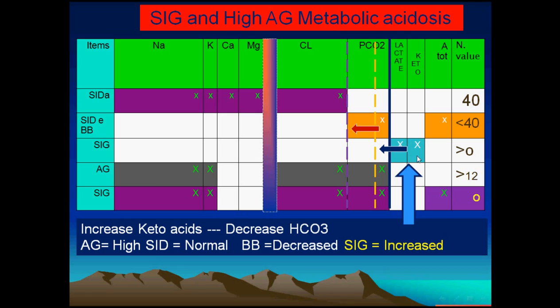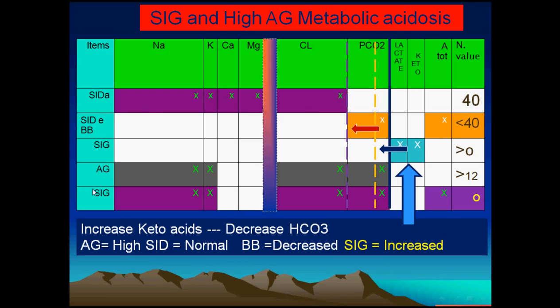So this will increase at the expense of what? Of bicarbonate. It will react with bicarbonate, so the bicarbonate will decrease. And in this case, strong ion gap will increase. There is a decrease in the bicarbonate, so the buffer base will decrease, and this is metabolic acidosis. At the same time, strong ion difference has no change, so it's normal.